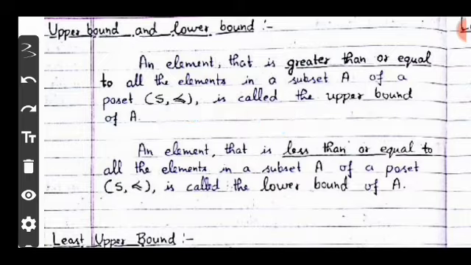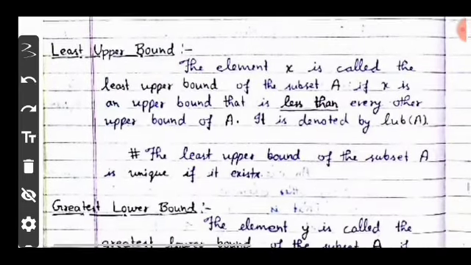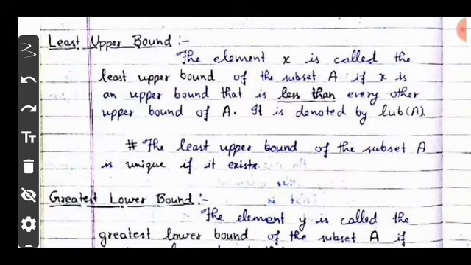Now move on to the next point, that is the least upper bound. The least upper bound is also known as supremum and in short is called LUB.